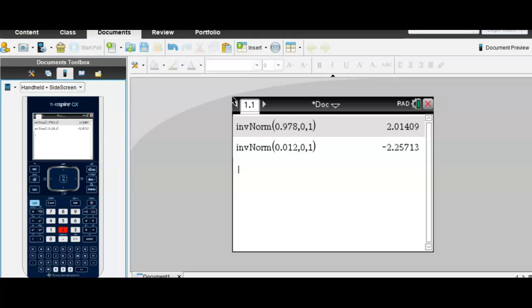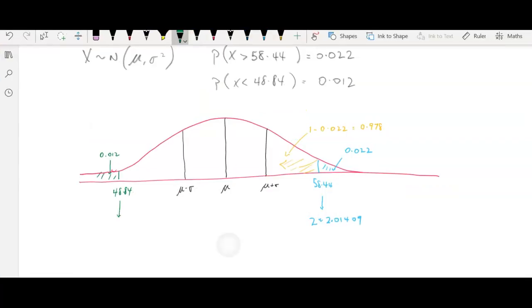Negative 2.25713. That's my Z value for 48.84. Making sense? Look at this. This is 2.25 standard deviations below the mean. Yeah, that looks perfectly plausible, as does this being just over 2 standard deviations above the mean, both at the extremes of my bell curve.